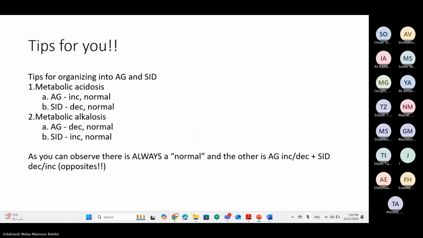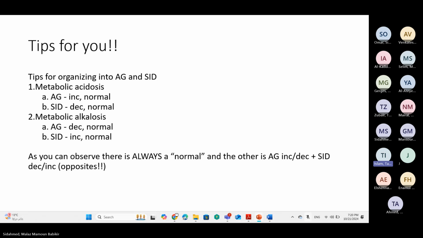Next slide. So there are some tips that I use, not really to memorize exactly, but rather to orientate myself. There's always a normal for anion gap and SID, and there's either an increase or a decrease, and it is always opposite in each case.